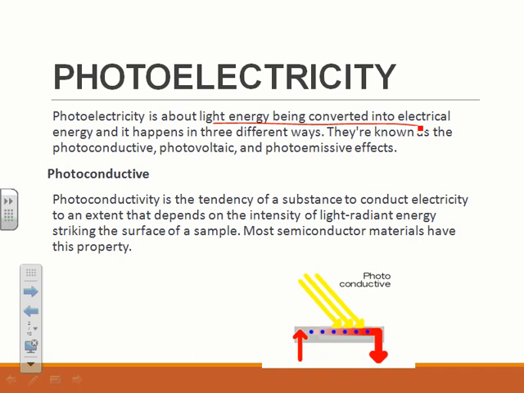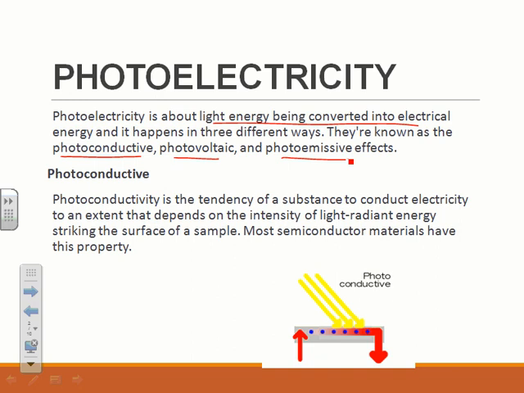This happens in three different ways, called the photoconductive effect, the photovoltaic effect, and the photoemissive effect. So photoelectricity converts light energy into electrical energy, and this process can be based on three types of effects.